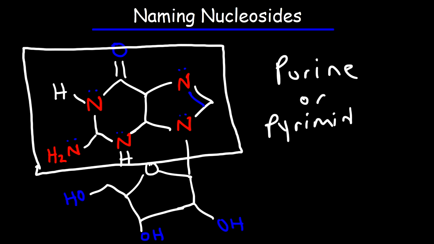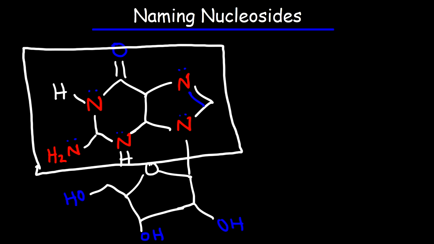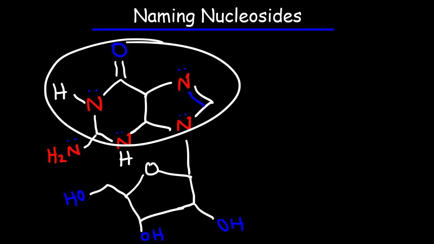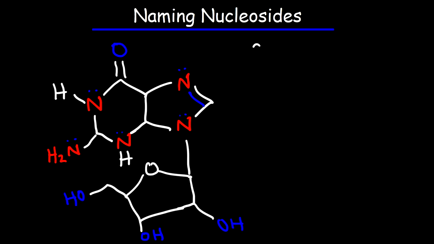Now, if you recall, pyrimidines are nitrogenous bases that have only one ring. So because this is a two-ring nitrogenous base, we have a purine. Now, there's two purines you need to be familiar with, and that's adenine and guanine. So which one is this? Is this adenine or guanine? So this particular nitrogenous base is called guanine.